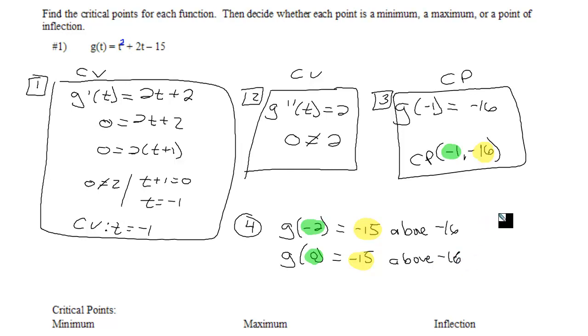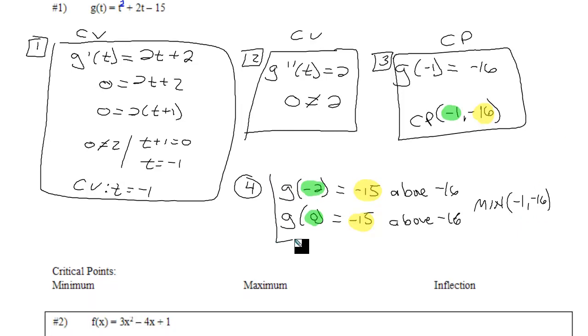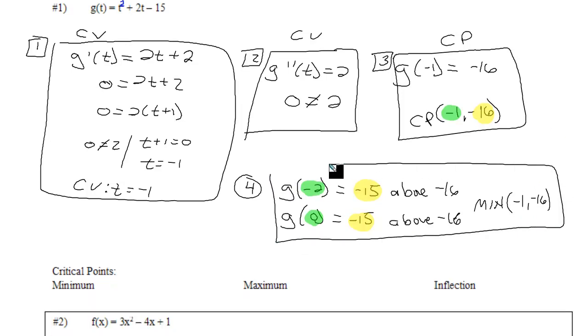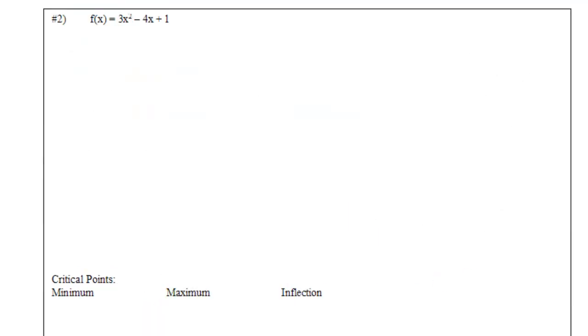If all the neighboring points to the left and to the right are above it, that makes this a minimum at negative 1 and negative 16. So we have a minimum, negative 1, negative 16. We have no maximum, we have no inflection point.